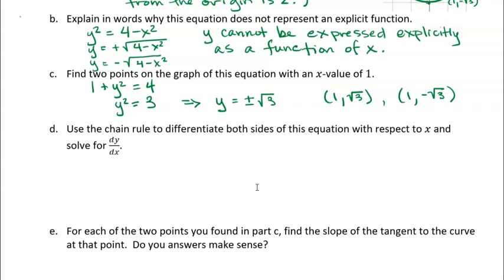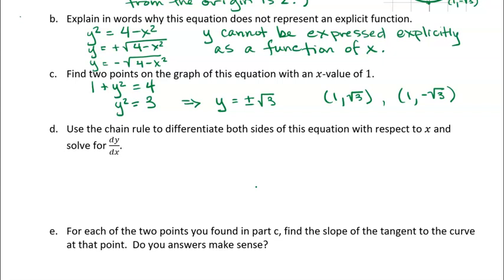Okay, this is a big question right here. Use the chain rule to differentiate both sides of this equation with respect to x and solve for dy/dx. All right, this is where we get into implicit differentiation. We're not going to have y on one side and an expression in terms of x on the other side.